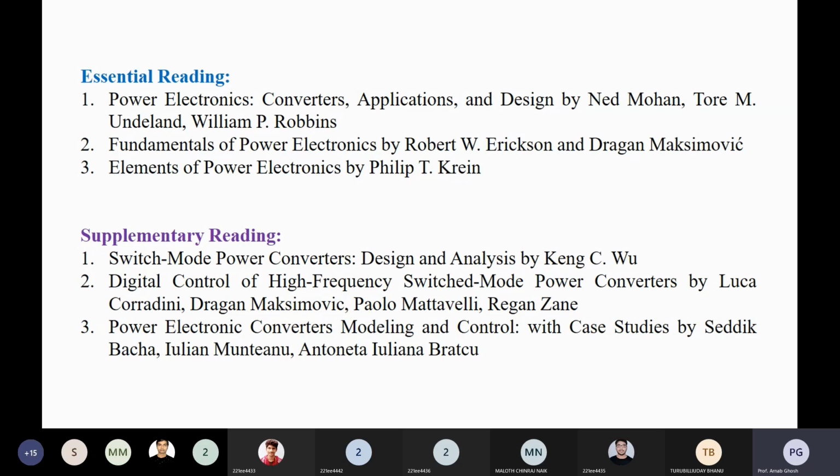After completion of the class, you have to pick a standard book, like Ned Mohan's book or Mexinovich and Ericsson's book, which is very good. Our slides are totally based on Ericsson's book, but you can follow any book. Then try to go through that point and see what exactly happened.